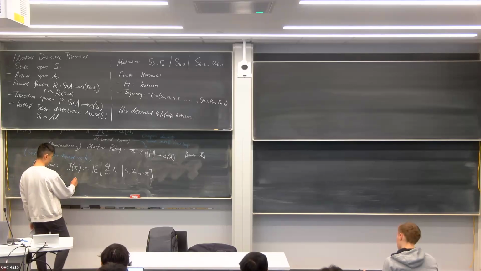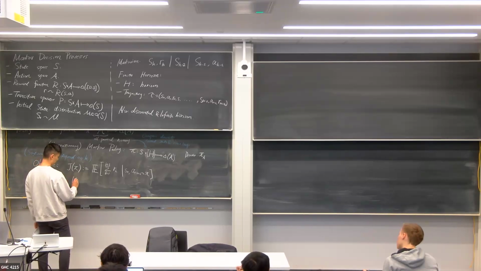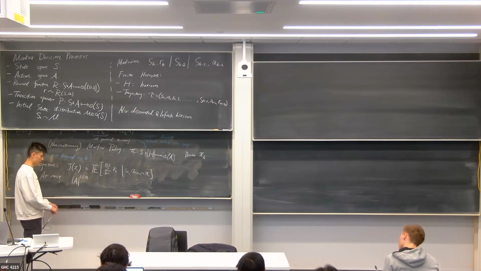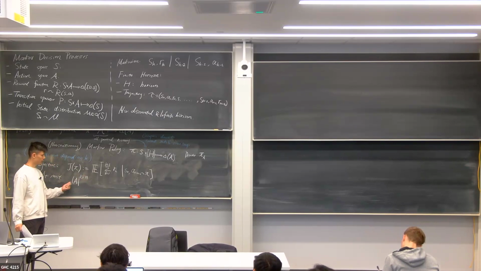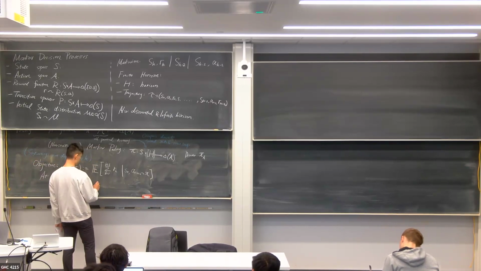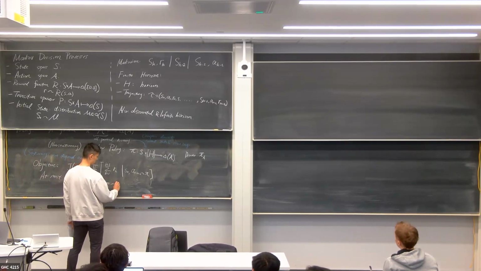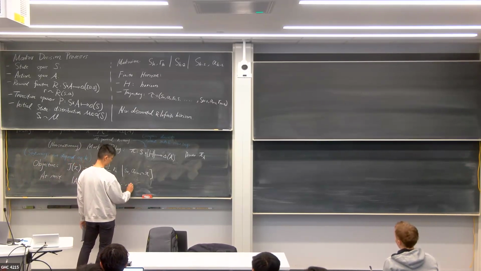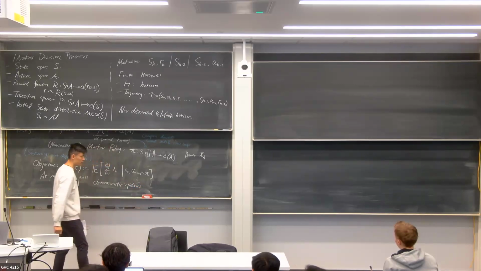So the number of actions, let's assume finite, to the power of the number of states times h, is the number of deterministic policies.